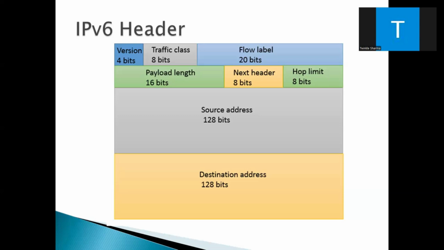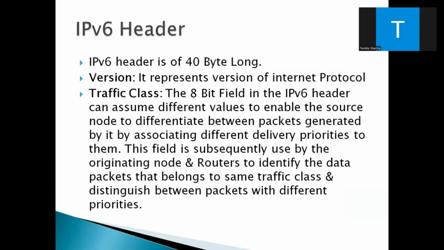Then, go with the first thing. What is the version in IPv6? Version represents the version of the internet protocol. Then we have the traffic class. The 8-bit field in the IPv6 header can assume different values to enable the source node to differentiate between packets generated by it by associating different delivery priorities to them.